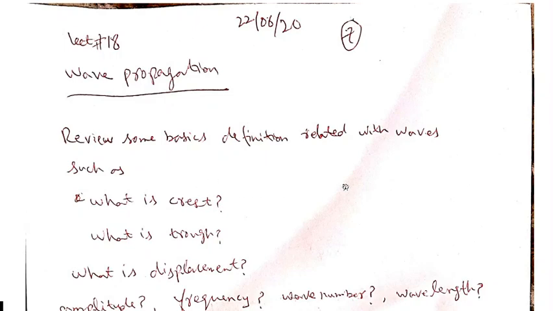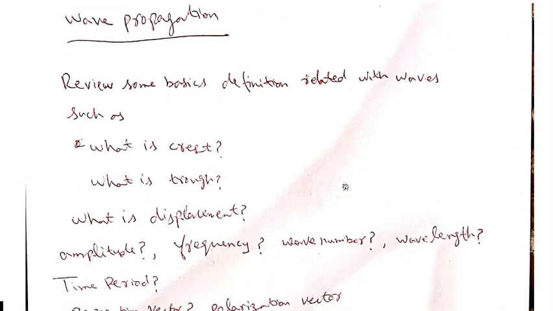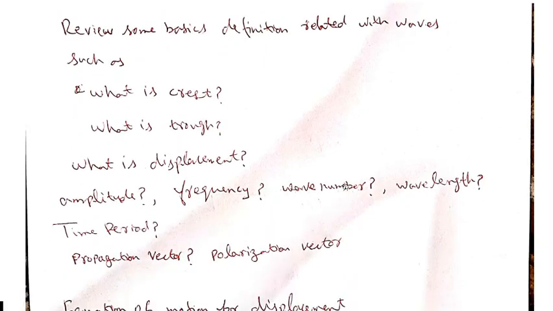such as what is wave, what is crest, what is trough, what is displacement, amplitude, frequency, wave number, wavelength, time period, propagation vector, polarization vector. These two are the propagation vector and polarization vector related with the wave.